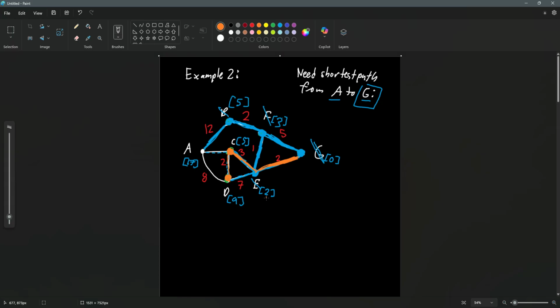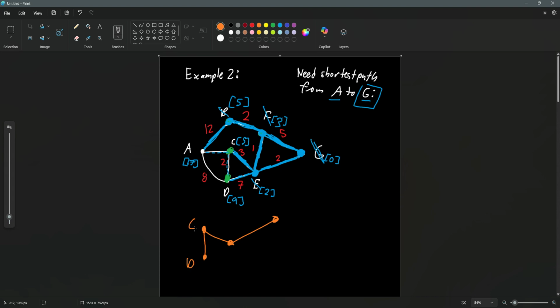To check, we're just going to draw these paths out. Now, you don't have to do this. Really what we're doing is comparing 9 versus the length of this edge plus the value of C. But I'm illustrating it just to prove the intuition of what we're doing.